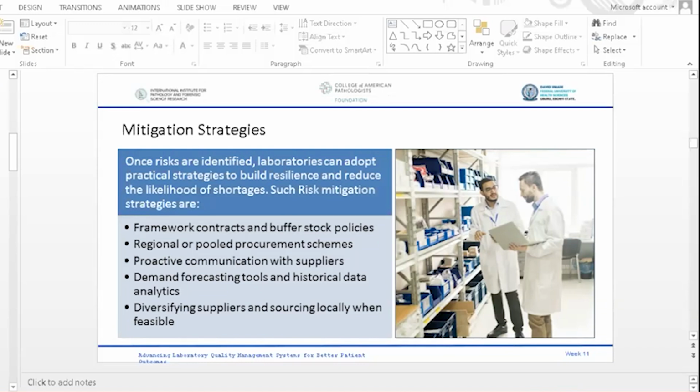Lastly, diversifying suppliers and sourcing locally when feasible is another mitigation strategy which can reduce dependence on imports and strengthen the local supply ecosystem, thereby encouraging local manufacturers, especially for basic consumables that should be readily available locally, and this can be a sustainable long-term strategy.